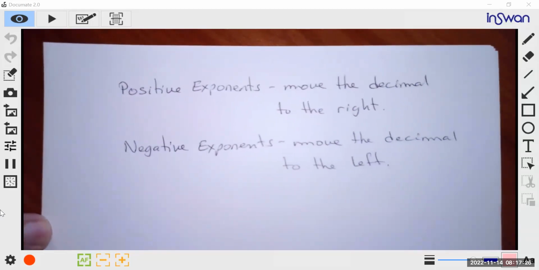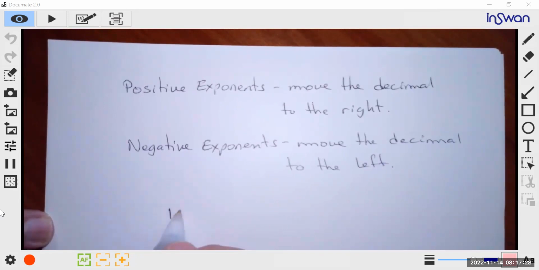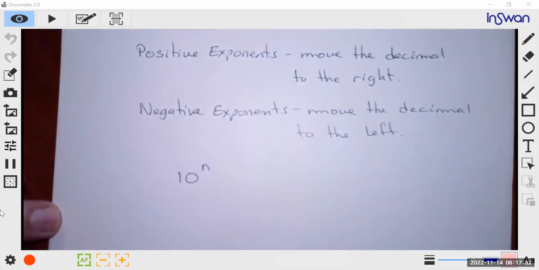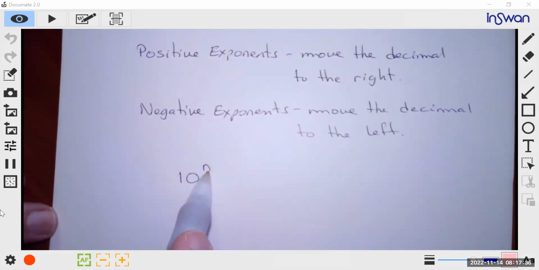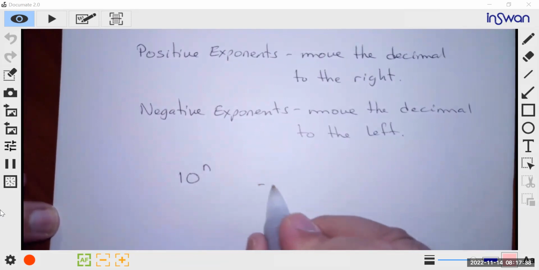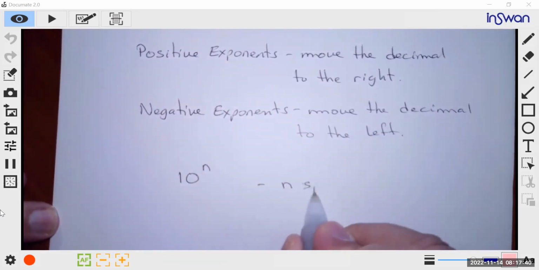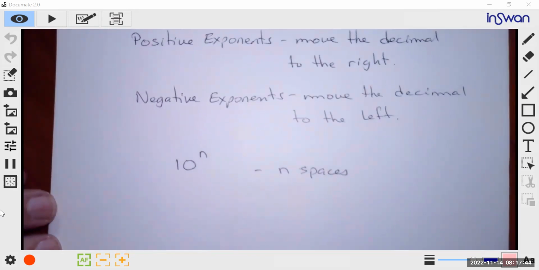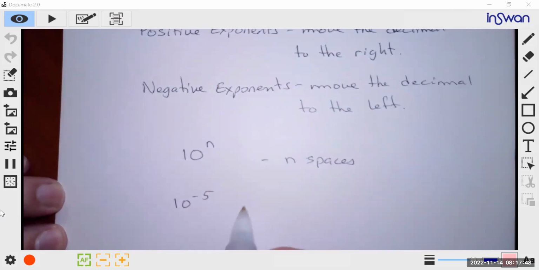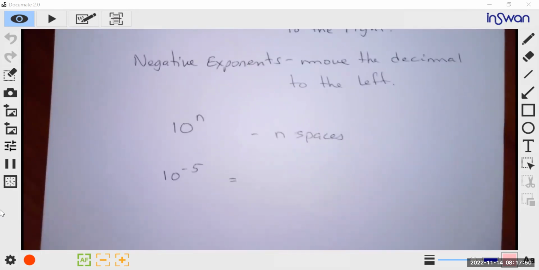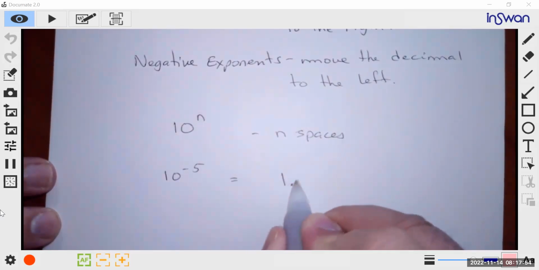How many spaces do we move it? Well, whenever we have 10 to the n, n can be positive or negative. Move it n spaces. So if I had 10 to the negative 5, I start with the number 1.0.